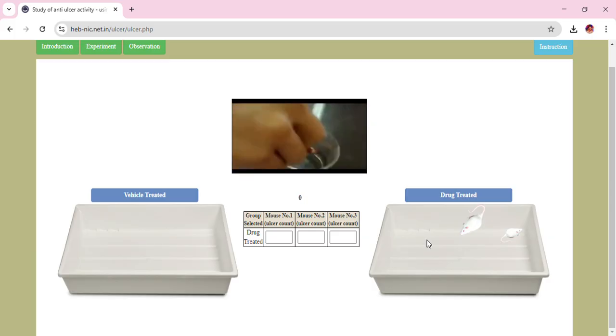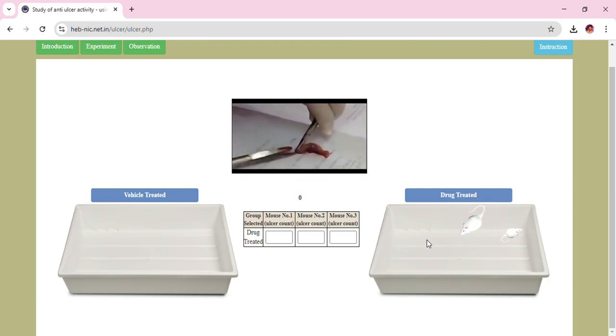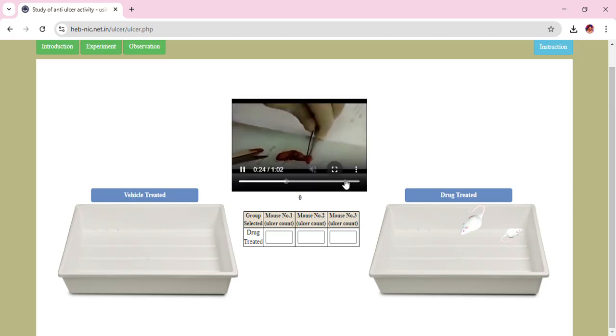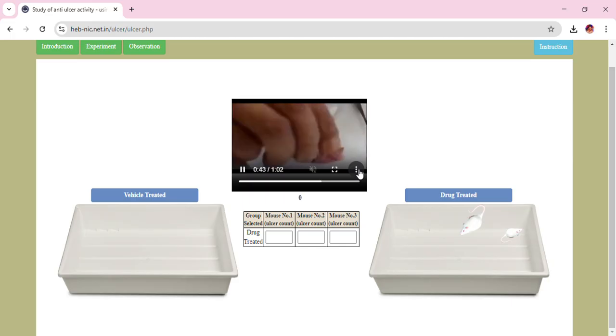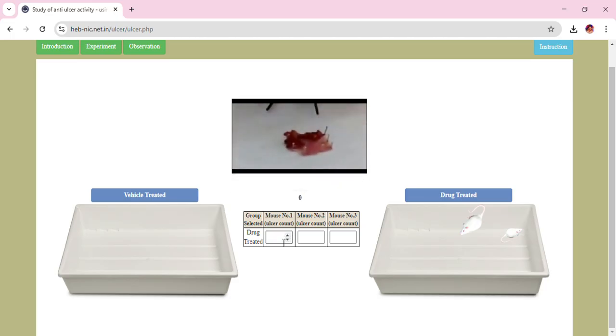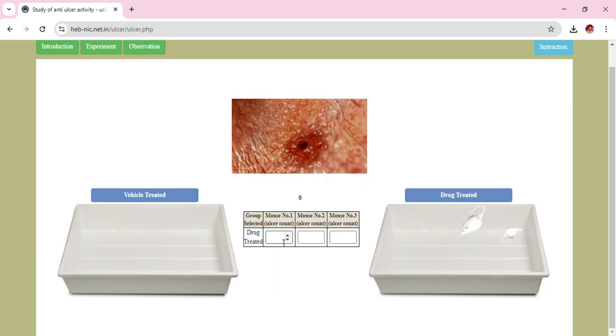Again, we have to sacrifice the animal, isolate the stomach, then dissect along the greater curvature, drain all the content from the gastric part, wash it again, mount the tissue again, and count the score.